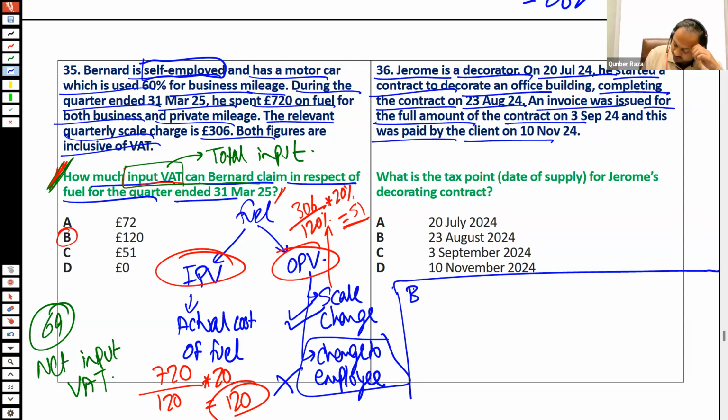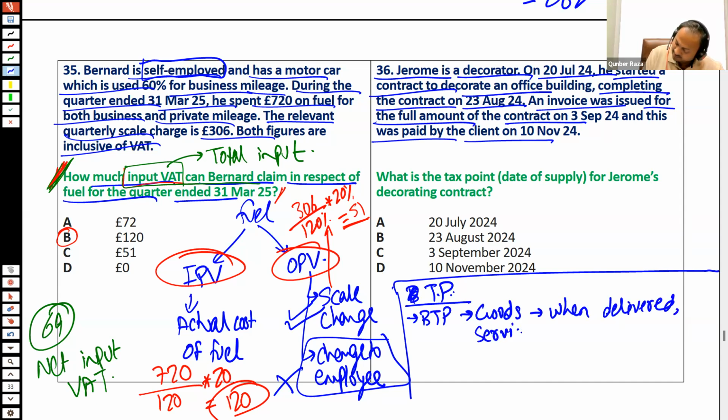The concept of tax point. In the context of tax point, the basic tax point for goods is when delivered, for services when completed.